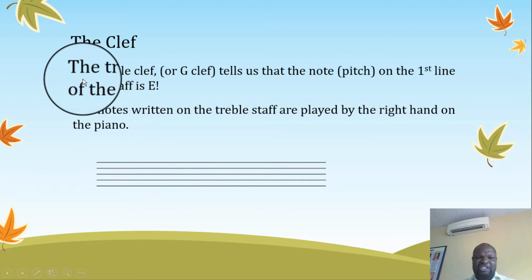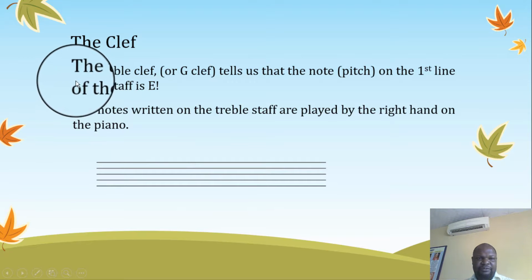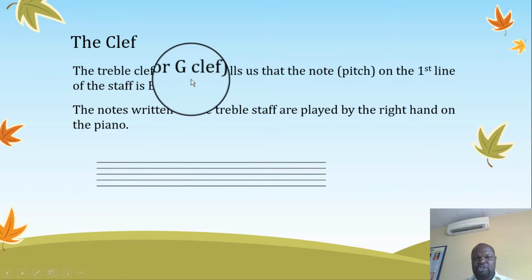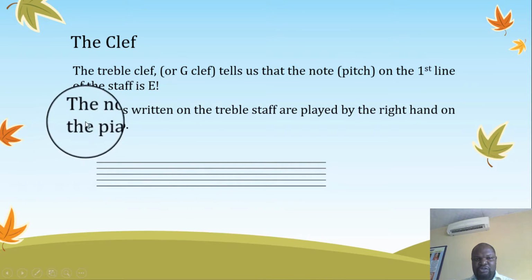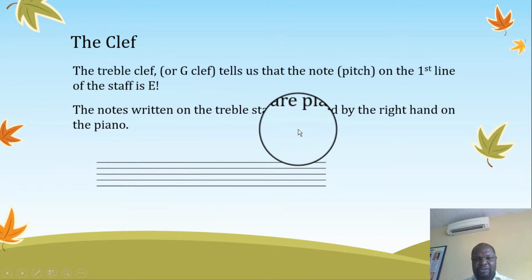So let's take a closer look at the treble clef. The treble clef, also known as the G clef, tells us that the note or pitch on the first line of the staff is E. Of course, the notes that are written on the treble staff are played by the right hand on the piano.